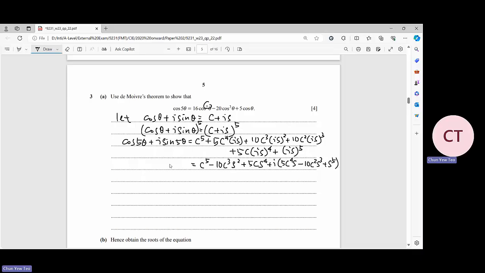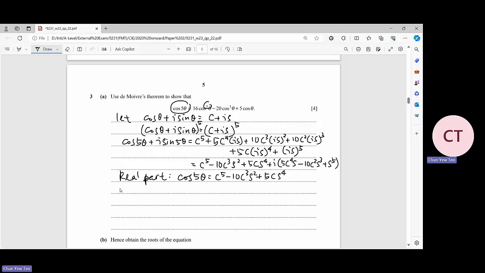If you group them according to the real part and the imaginary part, since we only want cos 5θ, we only want the real part. By considering the real part, cos 5θ equals c⁵ minus 10c³s² plus 5cs⁴.